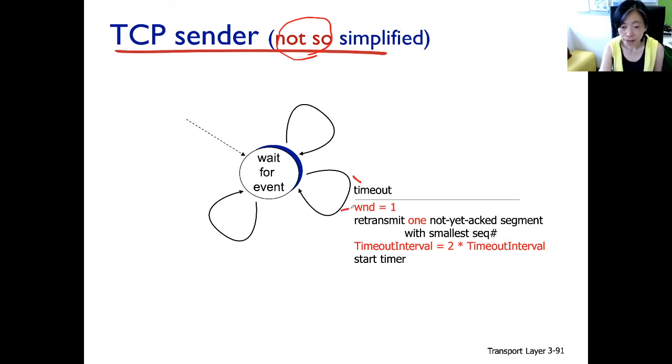So in that, step number 1, the window size is dropped all the way to 1. As a result, we are only allowed to transmit one segment, the smallest sequence number segment. And then we're supposed to start the timer, but the timeout interval is set this way: 2 times the current timeout interval value. Then you go, hey, what was the current timeout interval?